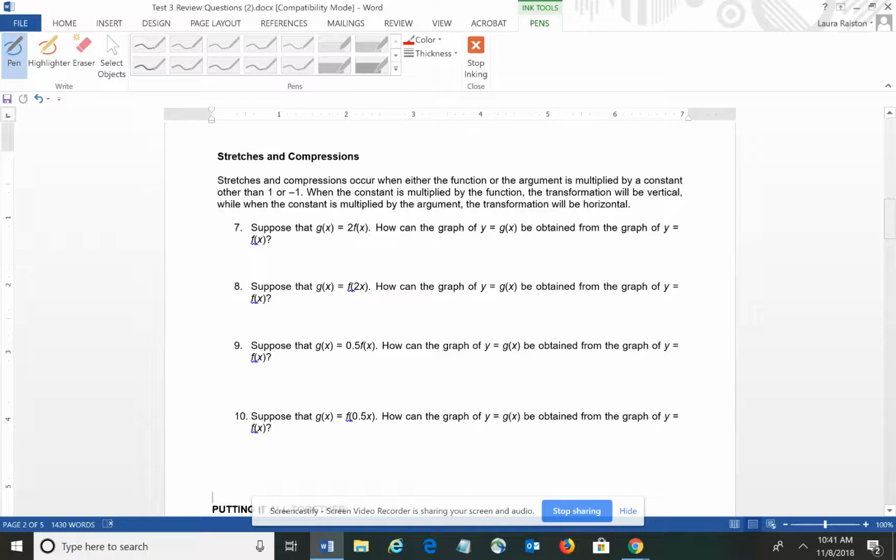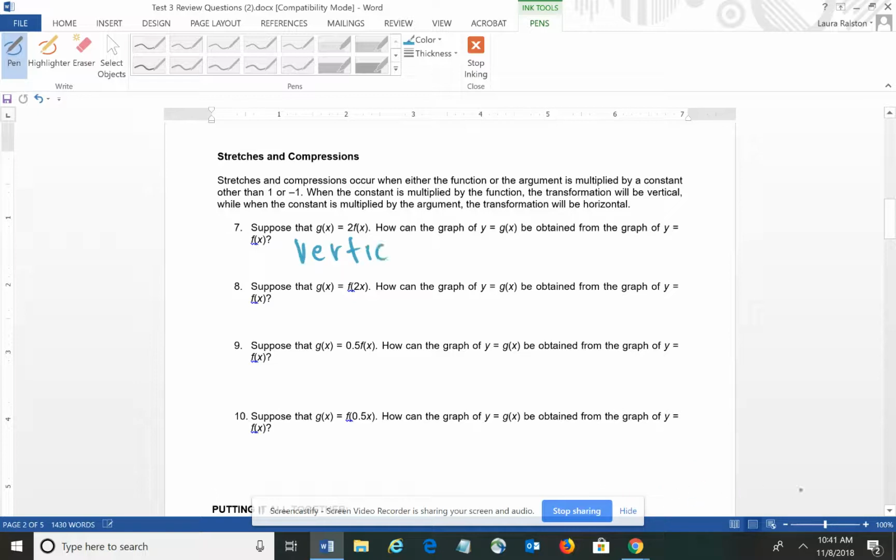In some ways it makes sense, but again, you have to pay attention to where it is located. For number 7, when you have that value in front of the f of x, that affects the y value, and it's going to be a vertical. And in this case, it's a stretch.